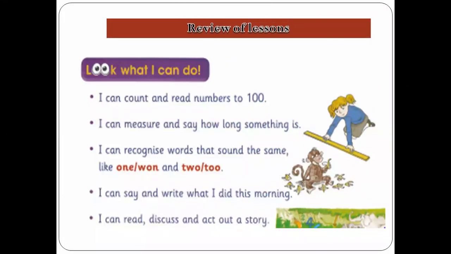Review of lessons. Look what I can do. It means after you have studied this unit, what you can do. You can count and read numbers to 100. I can measure and say how long something is. I can recognize words that sound the same, like one and two, homophones.